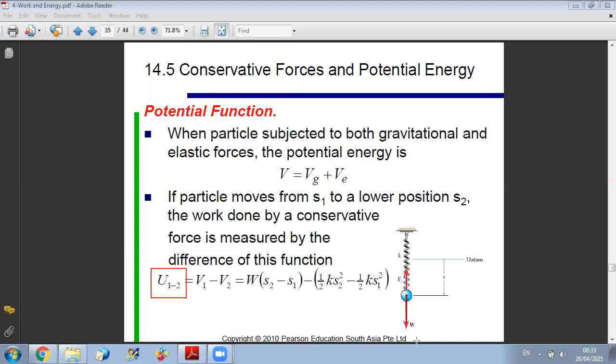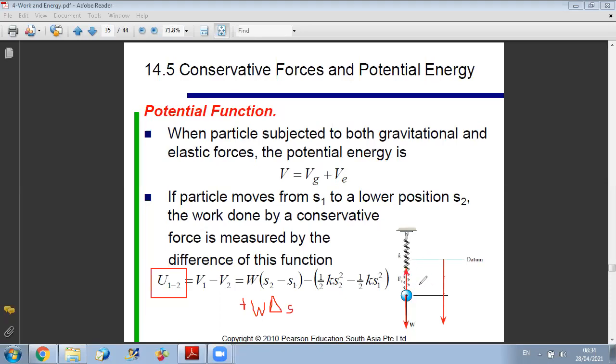So first, concerning the weight, the work, as we have seen before, when we consider a coordinate downward, is expressed as plus W delta S. So the work of the weight is plus W (S2 minus S1).